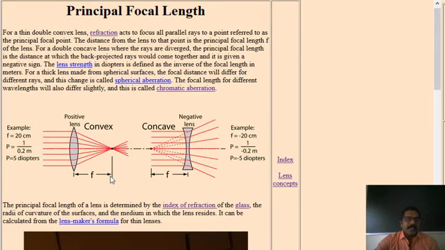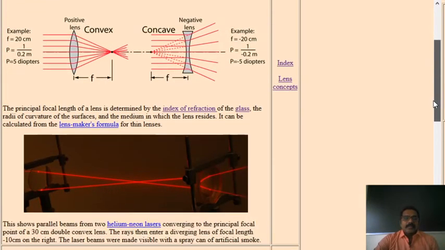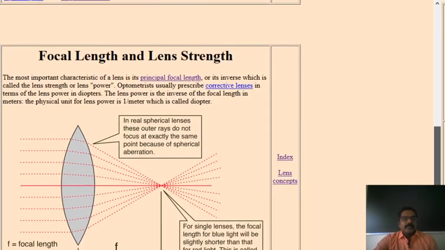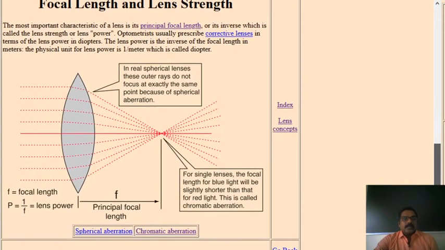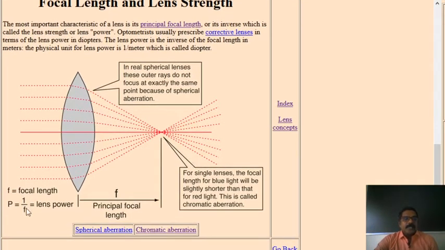The distance between the point image and the center of the lens is called the focal length. Here 1 by f is equal to power. A concave lens is called a negative lens, and a convex lens is called a positive lens. So P is equal to 1 by f, that means lens power.